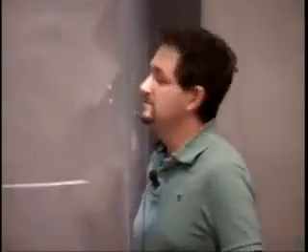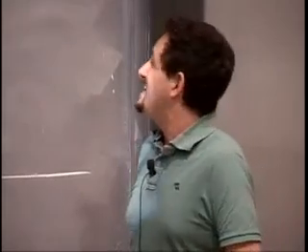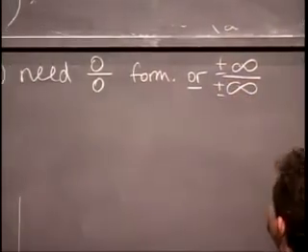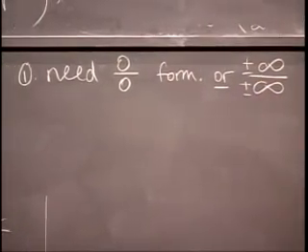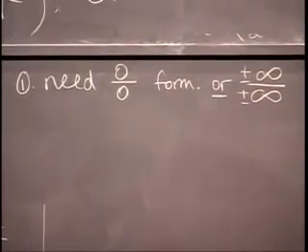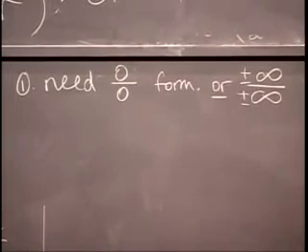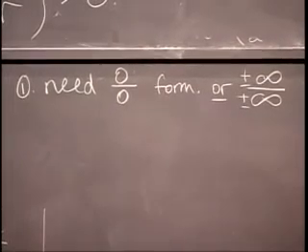Sometimes you get that indeterminate form, and in that case you can still do it. And you're allowed to have a minus infinity, of course, so I'll put plus or minus infinity. Doesn't matter if it's minus infinity over infinity. Otherwise, you cannot use L'Hopital's rule. So you need to plug it in and establish that you have one of those.